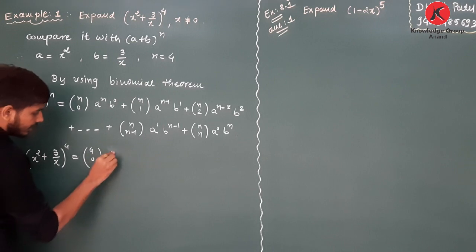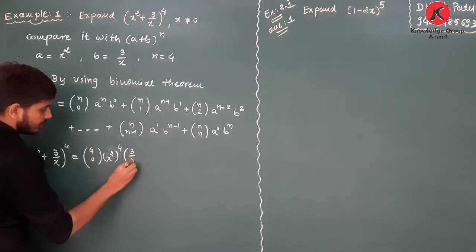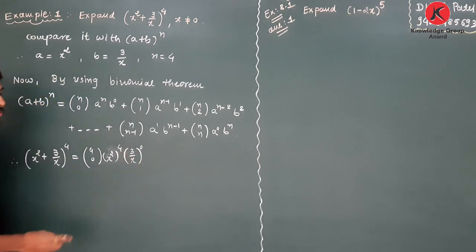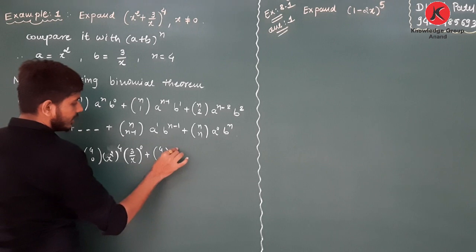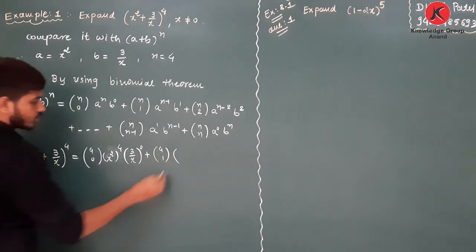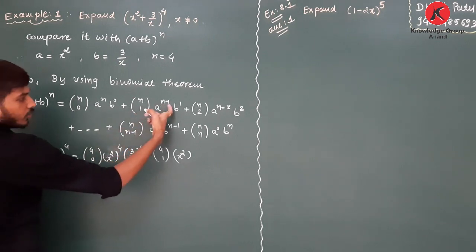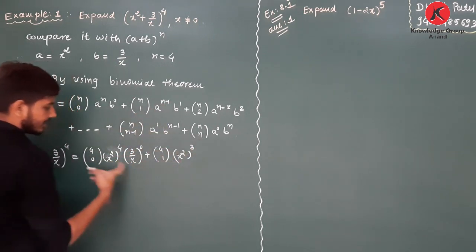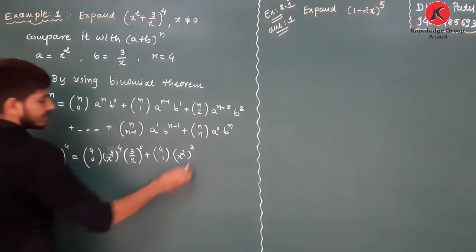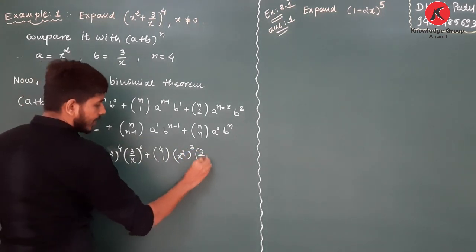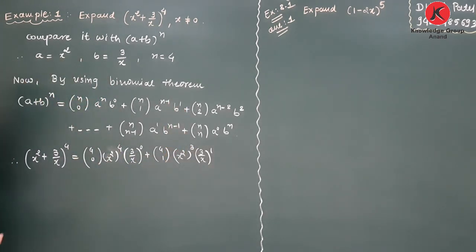Therefore, we can write (x^2)^4 into (3/x)^0 plus 4C1 (x^2)^3 (3/x)^1. Here the power of a is 4 minus 1, which is 3, and the power of b will be increasing from 0 to 1.